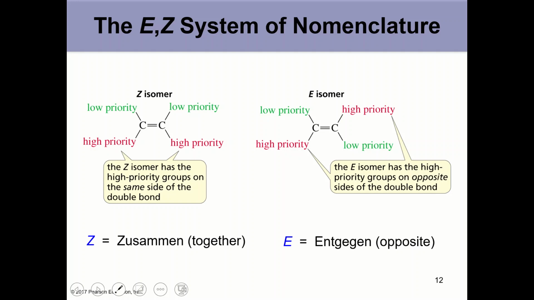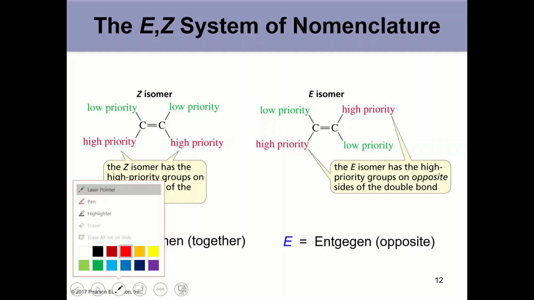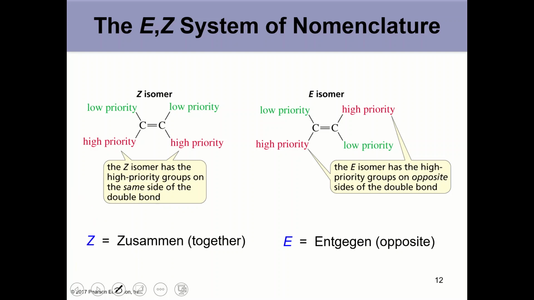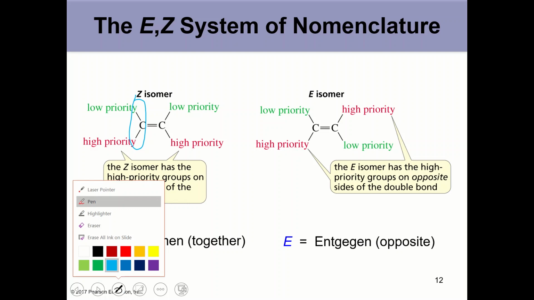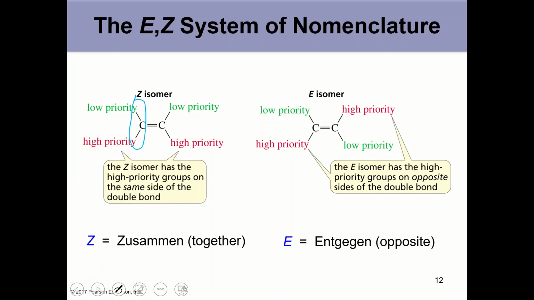What you do is for each vinyl carbon, it is bonded to two groups. And you are going to rate each group on a single vinyl carbon as being a low priority and the other as being a high priority. And then you're going to do the same thing, rate the priority of the groups on the second vinyl carbon.